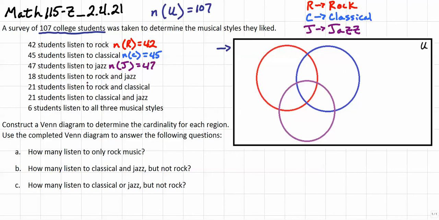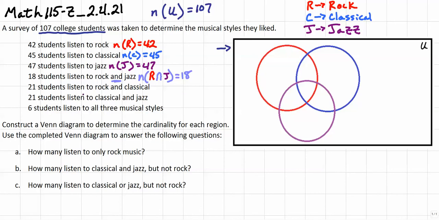Then we're going to look at each one of these remaining statements and understand what sets we're talking about. This one says 18 students listen to rock and jazz. Since we have an "and" there, that's going to be an intersection. So we're looking at the cardinality, or the number, of R intersect J, which will be equal to 18.